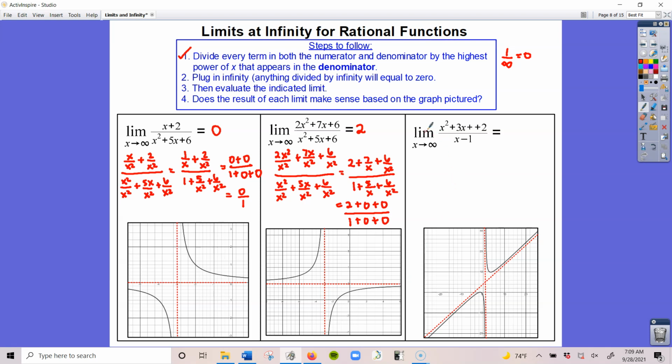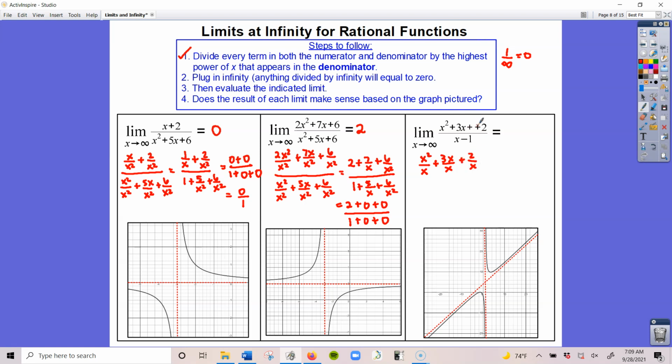Last one here, we have the limit as x is approaching infinity of this rational function. The highest exponent of x in the denominator is x. So we're going to divide everything here by x. So we get x squared over x plus 3x over x plus 2 over x, over x minus 1 over x.